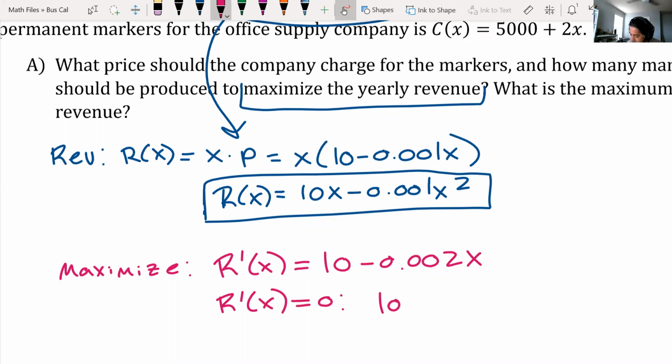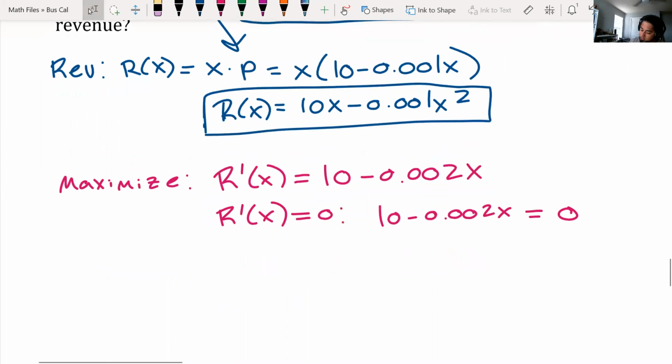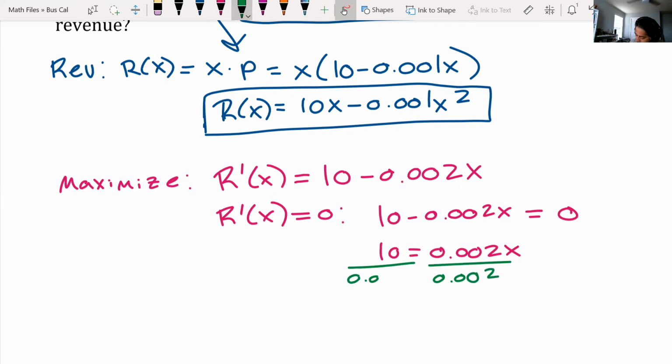We get 10 minus 0.002x equal to 0. Add the 0.002x over to the right side and divide by 0.002. And that becomes 5,000. So we get 5,000 equal to x.